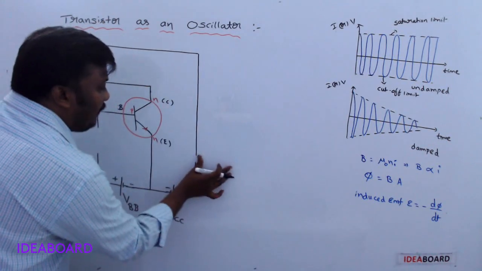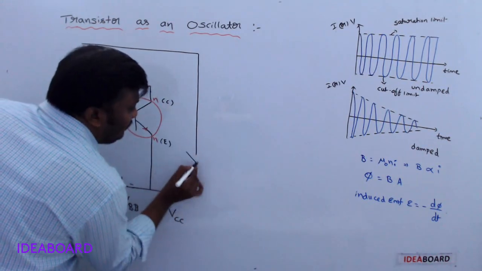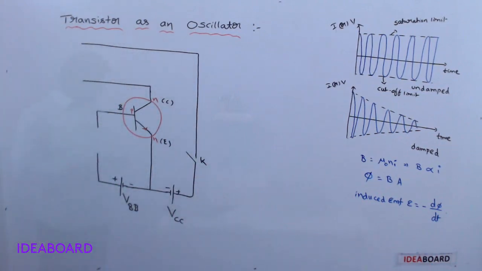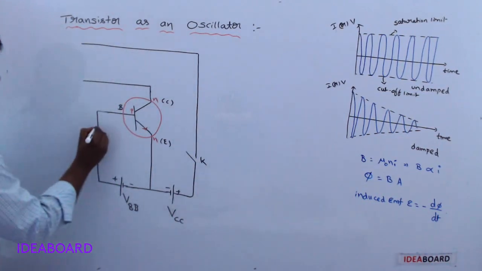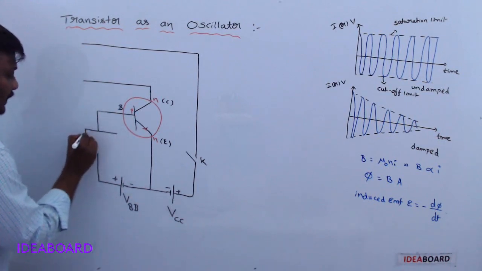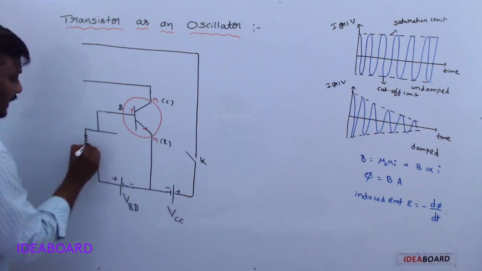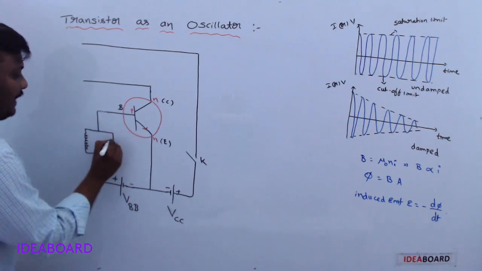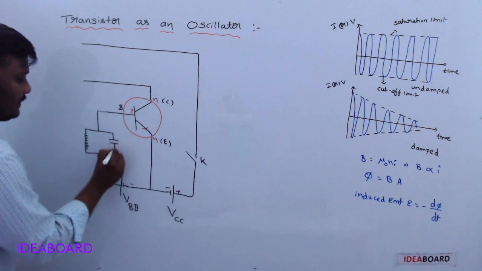Understand now? Let us take one key here. That key is called K. Now, on the input side, you take one inductor connected in parallel with a capacitor.